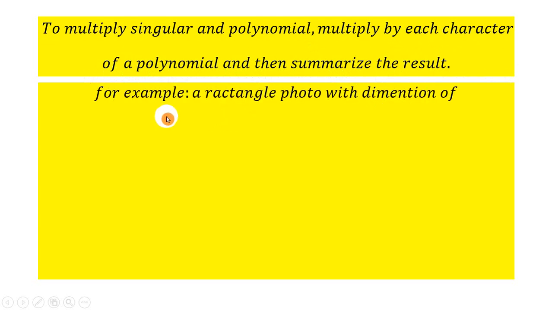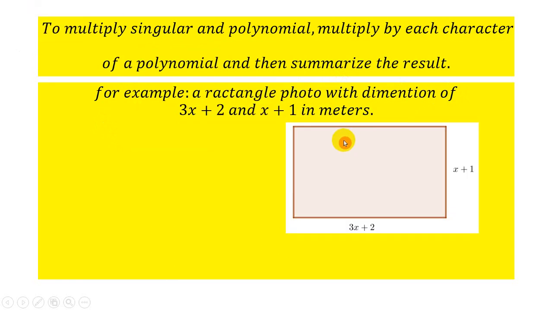For example, a rectangular photo with dimensions of 3h plus 2 and h plus 1 in meters. How can we calculate the area of the rectangular photo with dimensions 3h plus 2 and h plus 1 in meters?